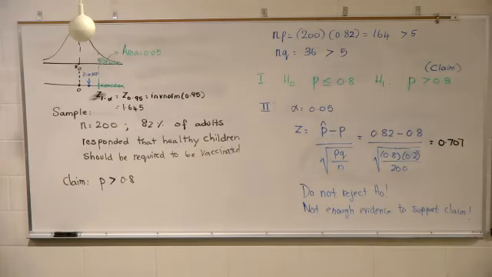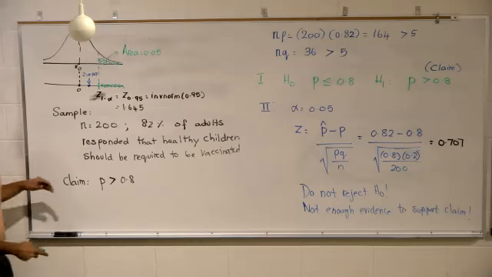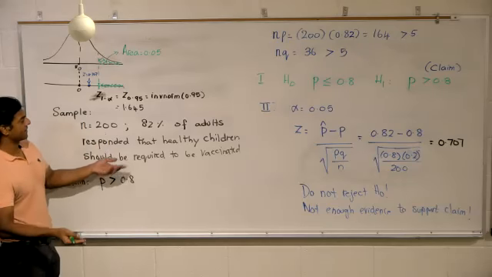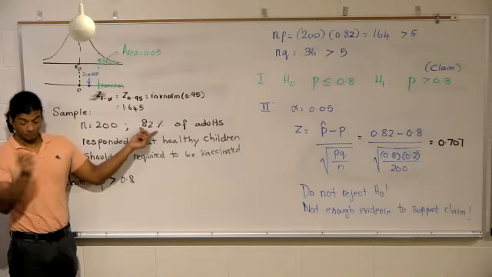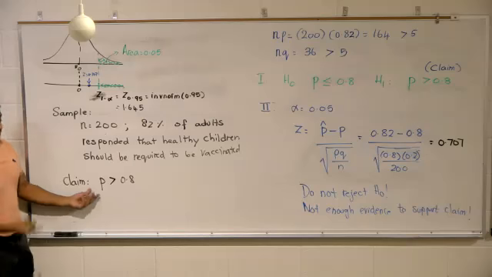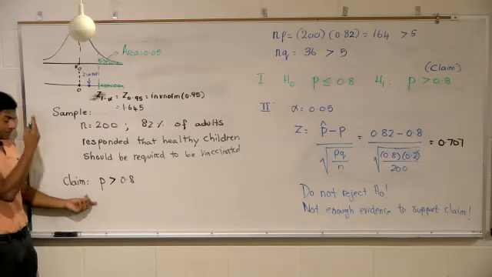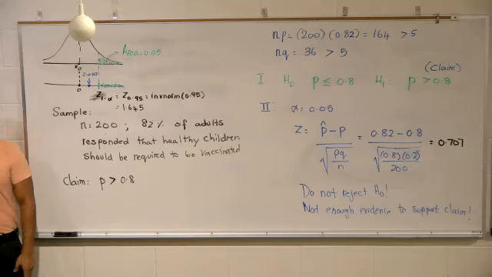Where do we use the normal CDF? So when we first started, the sample proportion was 82%, which is 0.82. The researcher's claim is that P is bigger than 0.8.